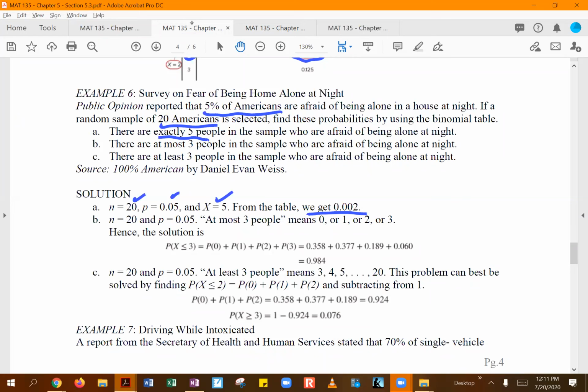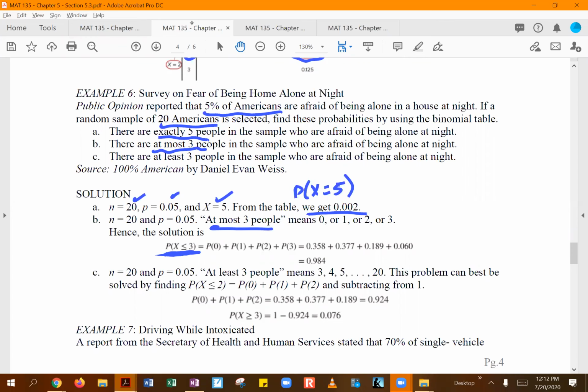For part B, they are asking us there are at most 3 people in the sample who are afraid of being alone at night. So this time they're talking about at most, which means maximum. So one thing I want to point out is look at how we are using these inequality symbols. For part A, where they had exactly 5 people, you would have x equals 5 as your notation.